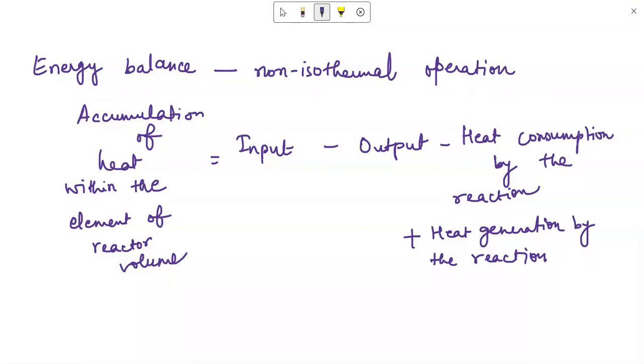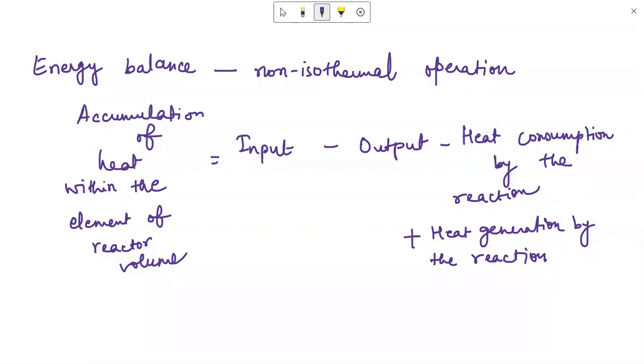Once that economic study is done, we can arrive at the conclusion that the design is ready for the process at hand, and we can go for real time operation. But arriving at this stage involves a lot of sub steps, and the first starting point is the energy balance and material balance.